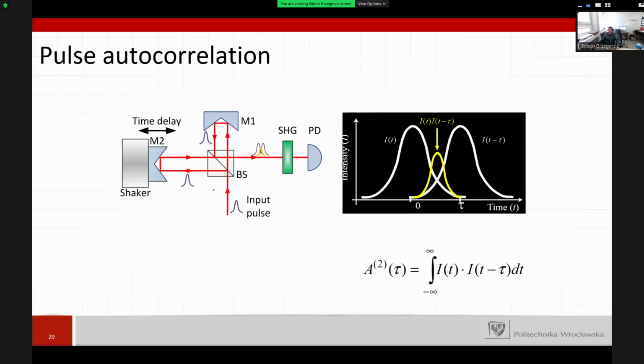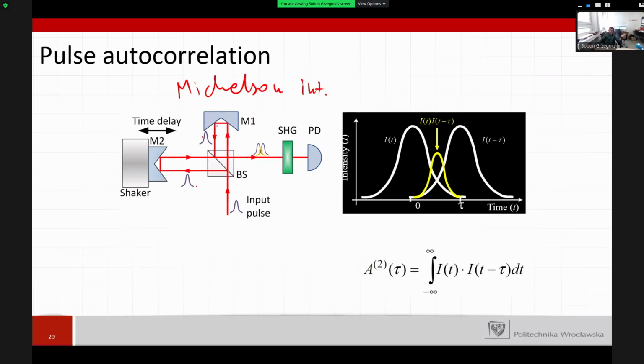So in autocorrelation, we use the pulse itself to measure its duration, right? So we use a replica of the pulse. We use a Michelson interferometer for that. So this is a Michelson interferometer where the input pulse is split into two replicas. These are two identical replicas, and they are directed to two mirrors.